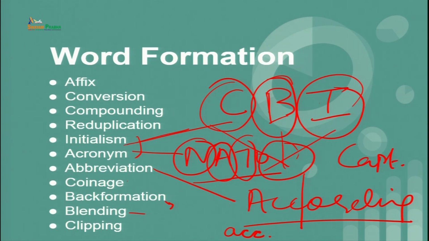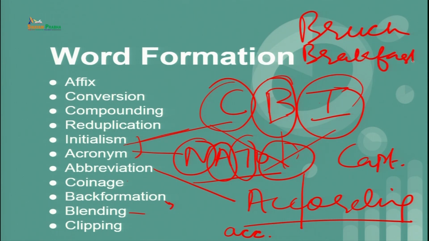For example, nowadays you use brunch, which is the combination of breakfast and lunch. So, you are taking the first letters of the word breakfast and the last letters of lunch and making it brunch.